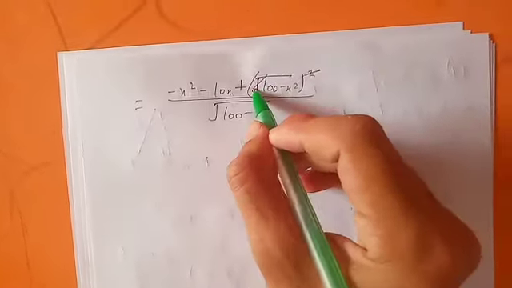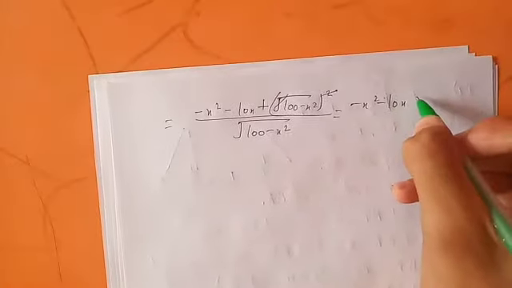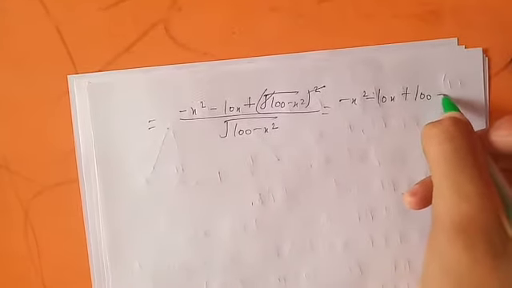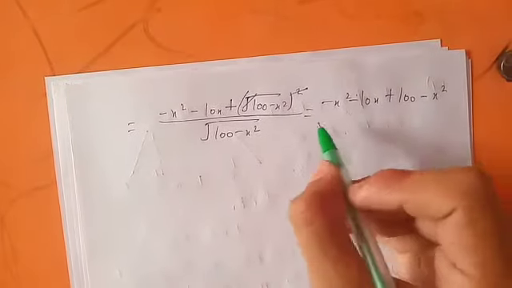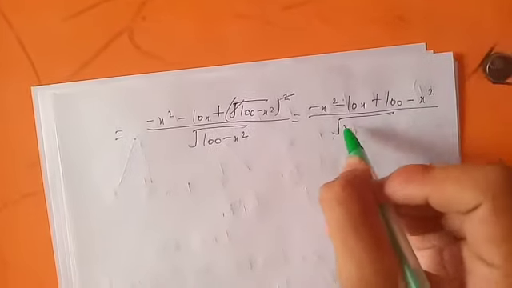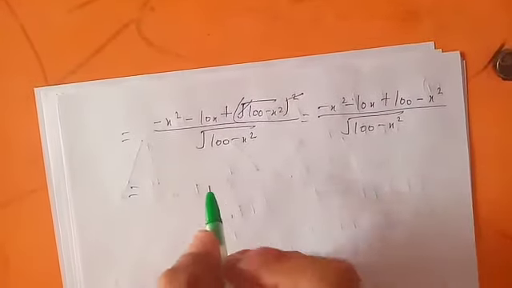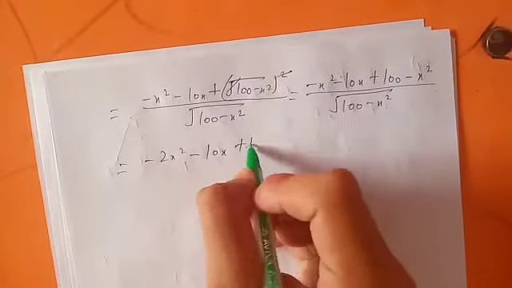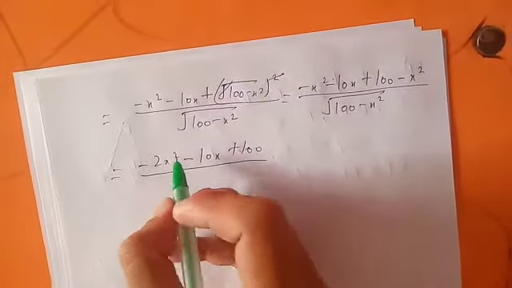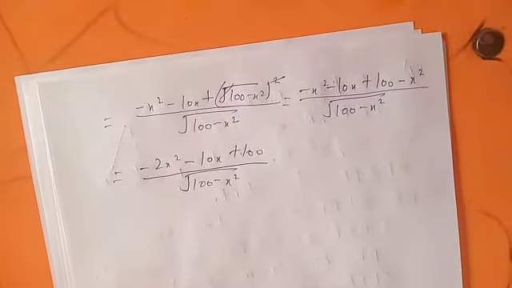So this cancels this, we get minus x square minus 10x plus 100 minus x square, this whole divided by under the root 100 minus x square. So at last we get minus 2x square minus 10x plus 100 by root 100 minus x square.